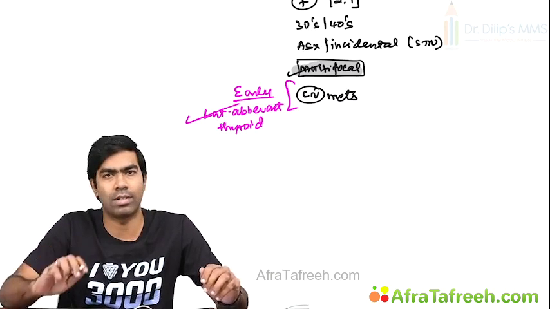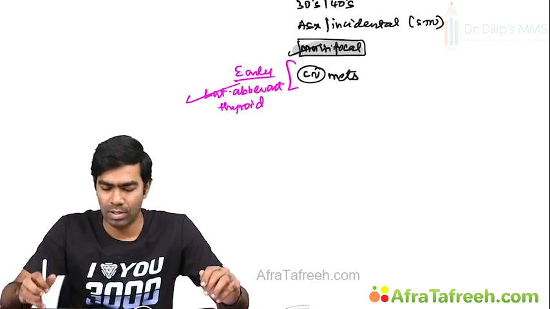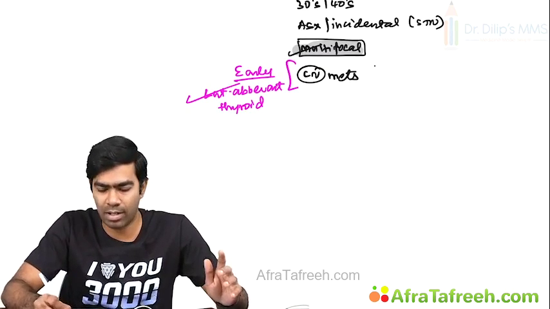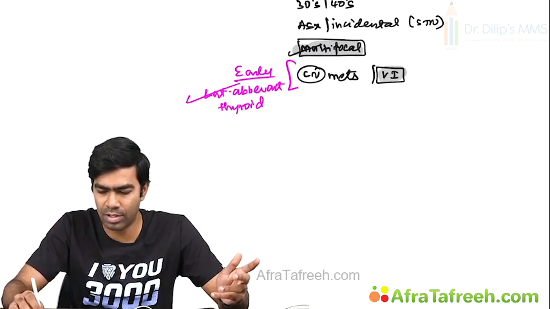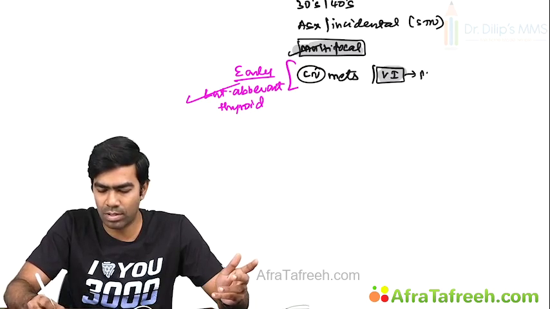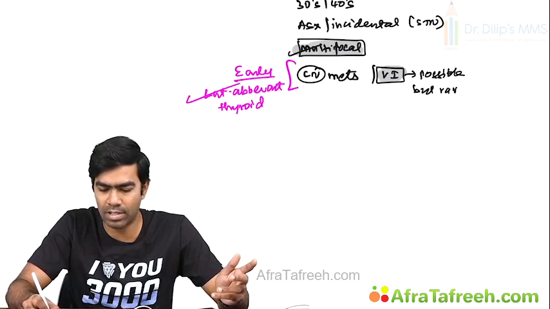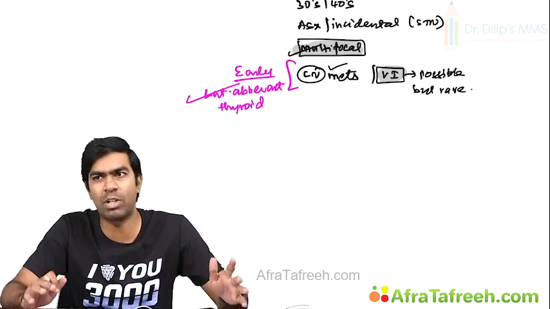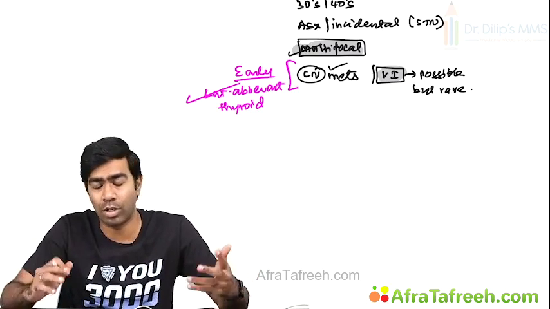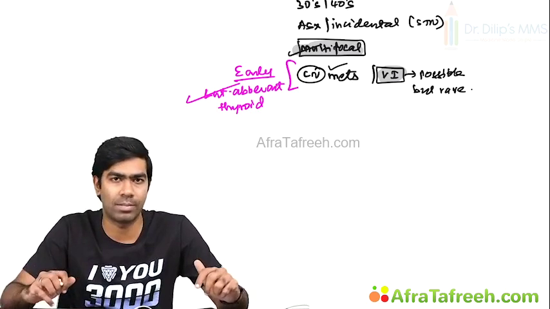Very important point again. Clear? But hematogenous metastasis is generally rare but possible. Whenever I say vascular invasion, it is possible but rare, which means it can result in hematogenous metastasis, but still rare. But lymph node metastasis is typical of classic papillary thyroid cancer.